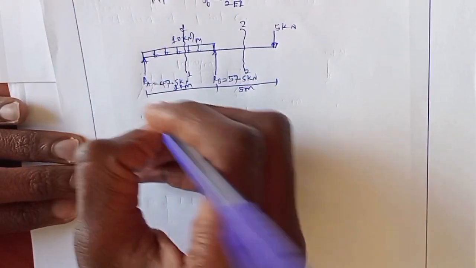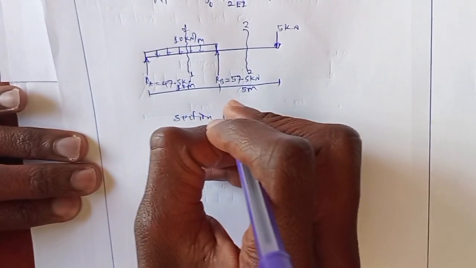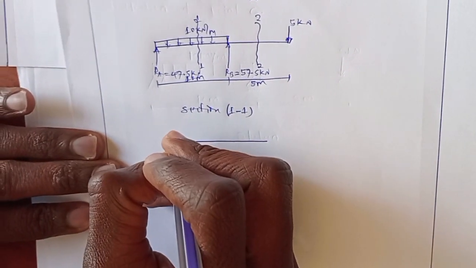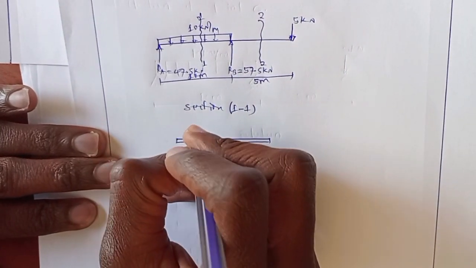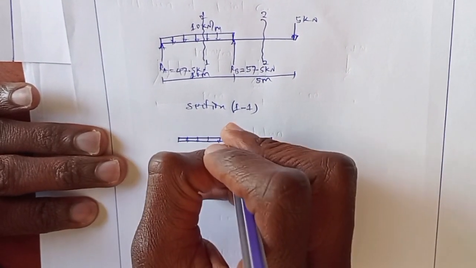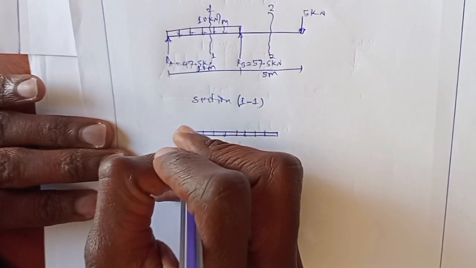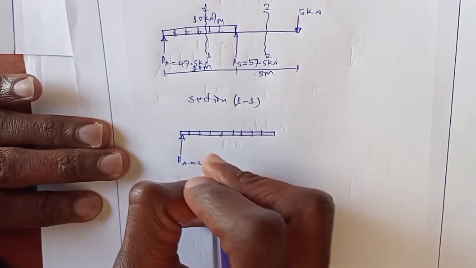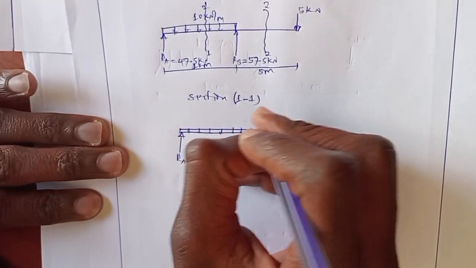Now, let's consider section 1. It will be in this way. This is the uniformly distributed load. Here was RA, the vertical reaction.